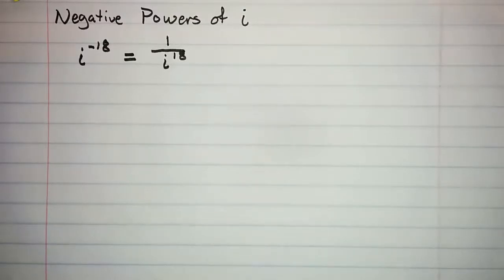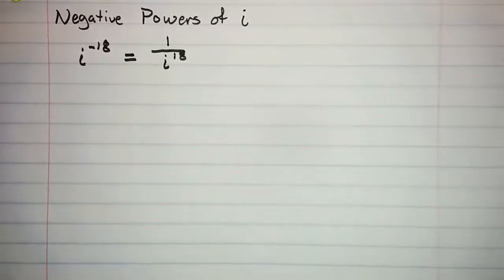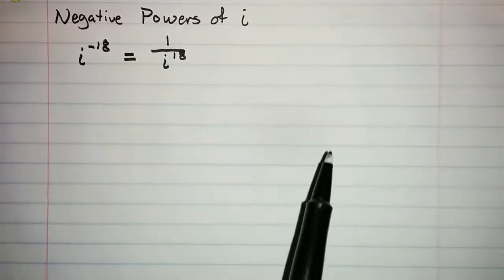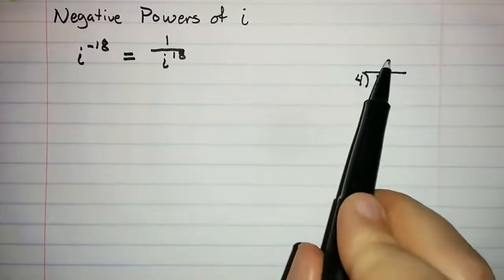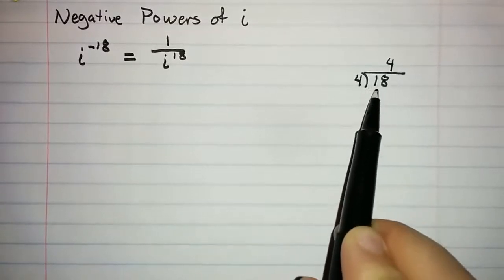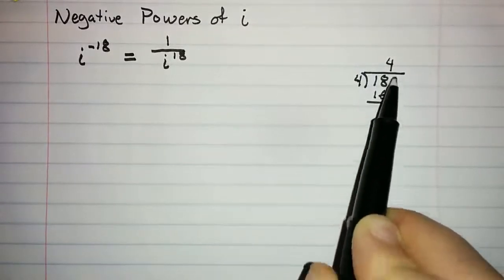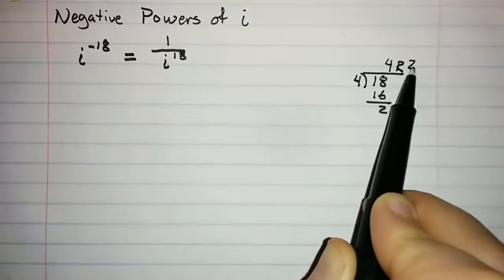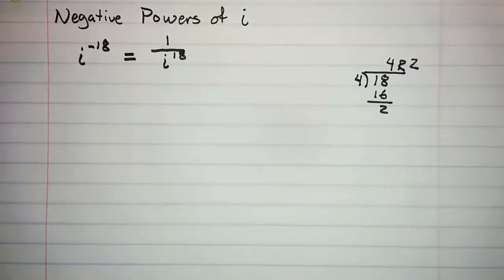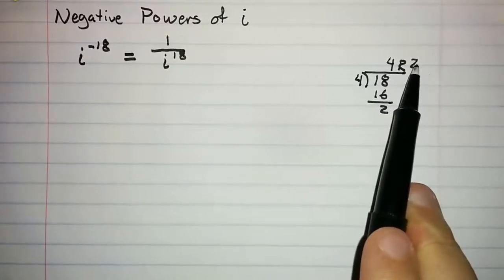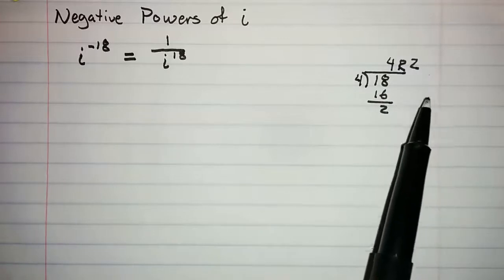So here's what I do. I look at the remainder when I divide 18 by 4. 4 goes into 18 4 times, with 2 left over. In order to get another whole group of 4, I need to add 2 more on. 2, 3, 4.